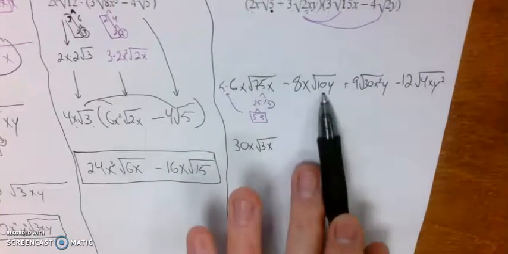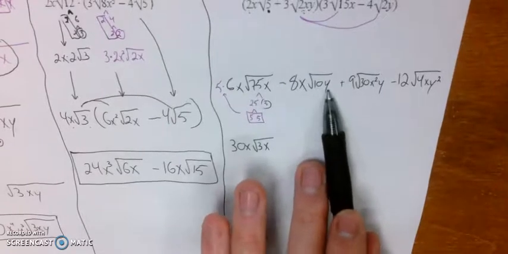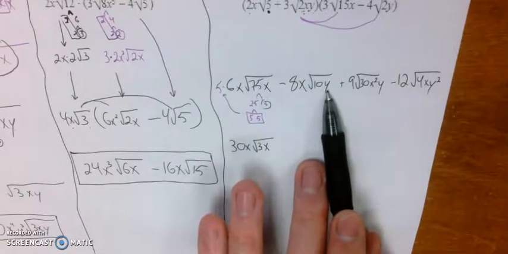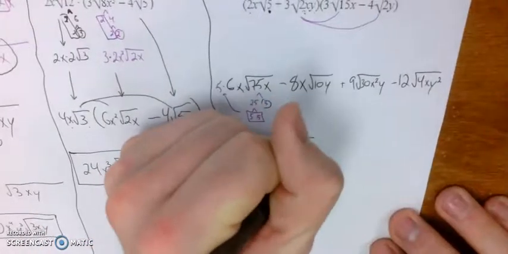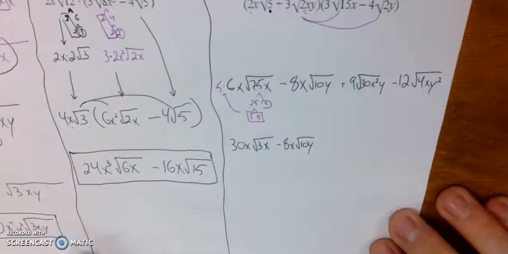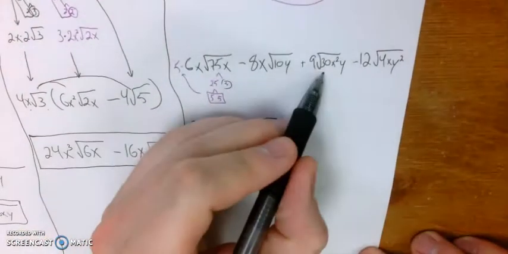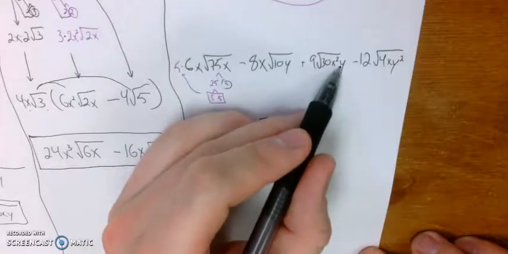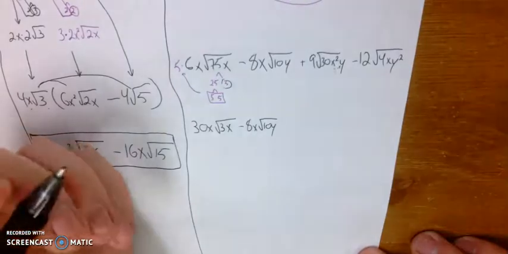Next, rad 10y. If I broke down a 10, I'd get a 2 and a 5, no pairs. And I don't have enough y's to make any pairs, so this one I can't do. We're going to learn that it's pretty great for us if we have something that cannot be factored and simplified. Rad 30x squared y. Well, I'm already telling I've got enough for a pair of x's, so that's going to come out.